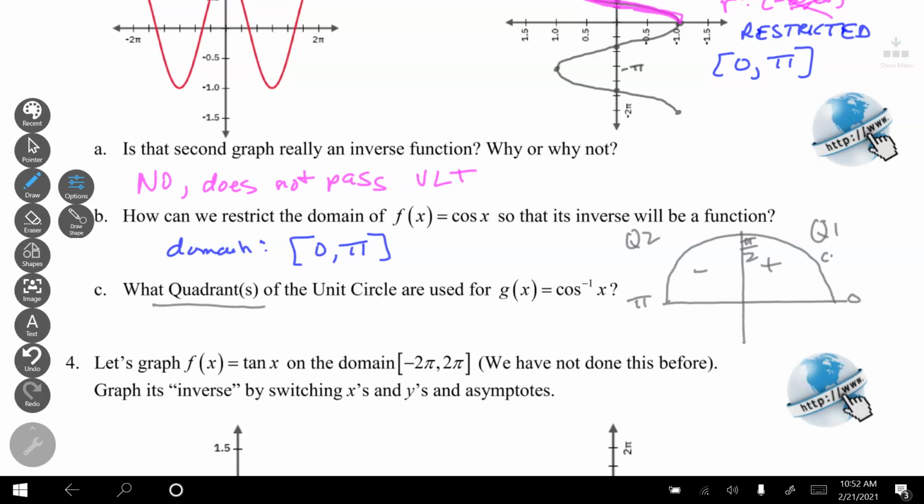In quadrant 1 cosine is equal to a positive value, and in quadrant 2 cosine is equal to a negative value. So I'm doing quadrant 1 connected to quadrant 2, which is my angle from 0 through pi radians, because I'm going to speak radians, and this is quadrant 1 to quadrant 2.